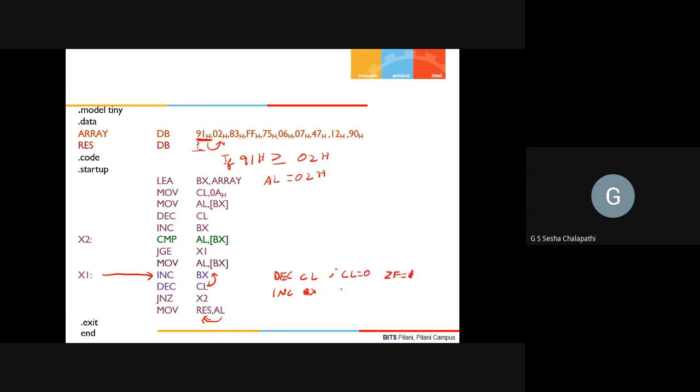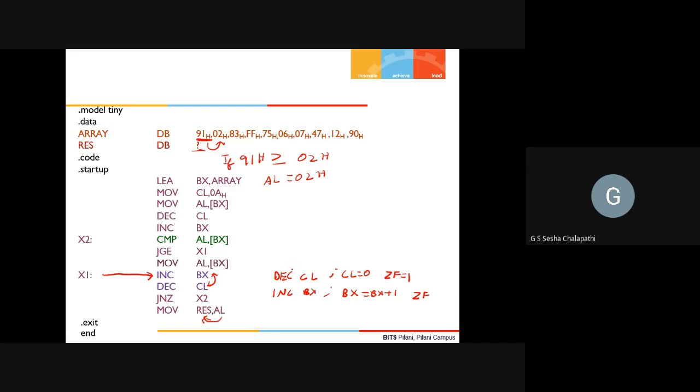Now if I then do increment BX, BX will become BX plus 1, and the zero flag will reflect the operation of this one, that is BX equals BX plus 1. So the zero flag will pertain to this operation and not the earlier one, and therefore you will get erroneous results, right?